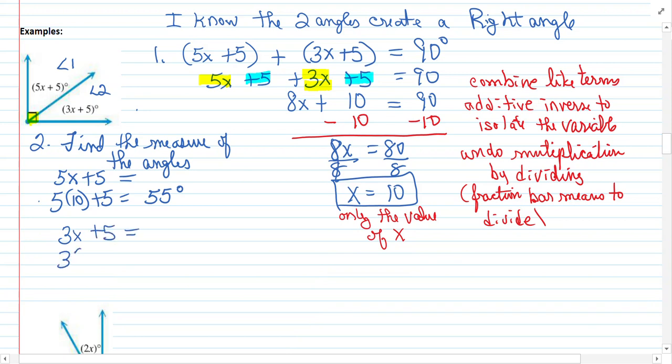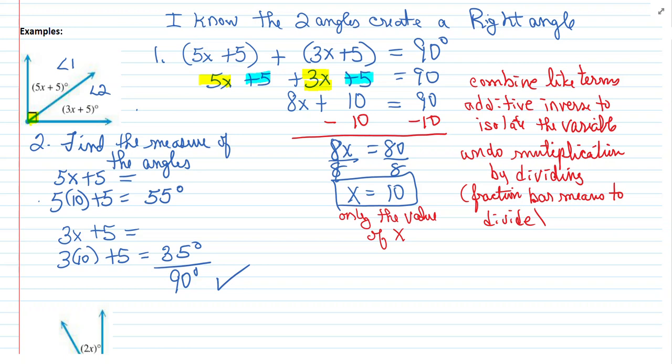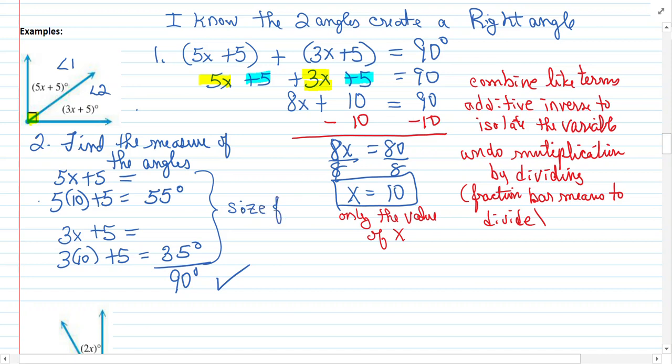And that means I have 3 times 10 plus 5 is 35. Now, if I add those up, I get 90 degrees. Okay, nothing difficult. Now remember, these are the solutions. So we've answered the problem.